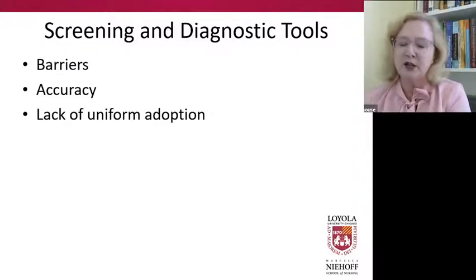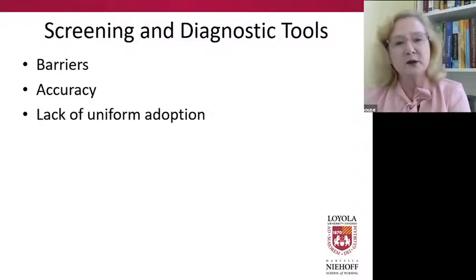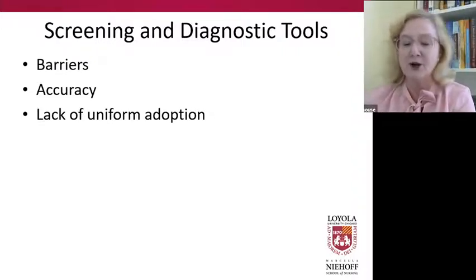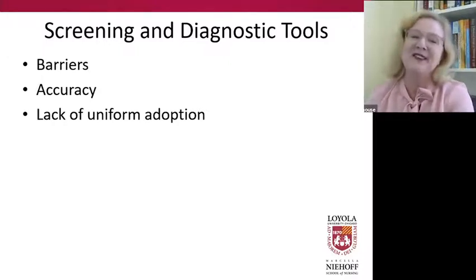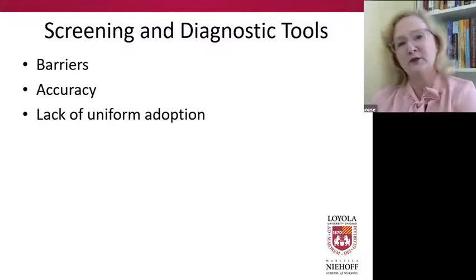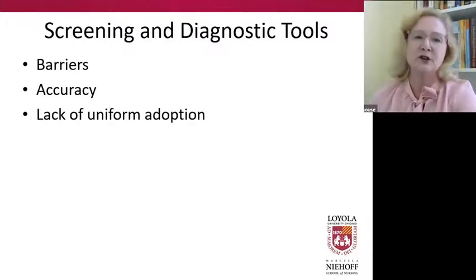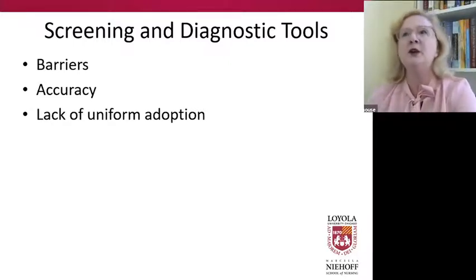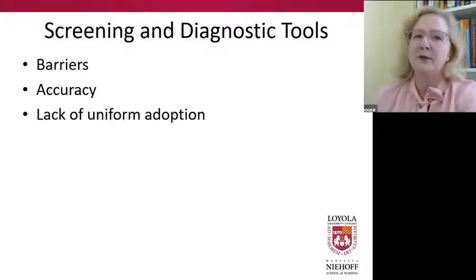In addition, the language that's associated with delirium is also confusing, and the urgency may not be communicated to the healthcare provider that this change has occurred. So for example, you may get in report that Mr.